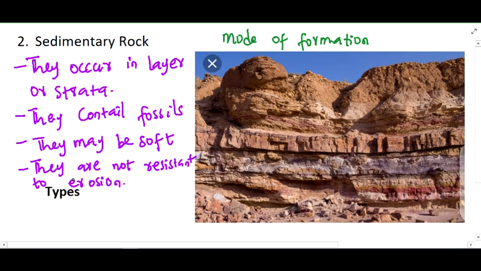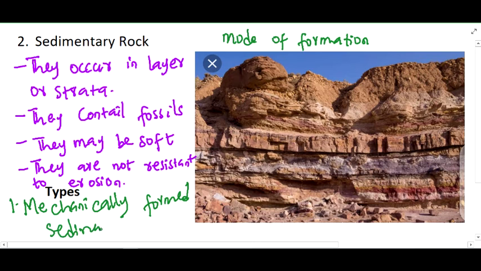Okay, types of sedimentary rock. We will have the first one, mechanically formed sedimentary rock. Mechanically formed sedimentary rocks are formed by the deposition and accumulation of other rocks.